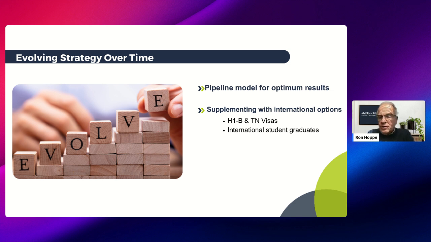These are international students that are graduating from a wide variety of healthcare programs here in the US. And by virtue of having graduated from a US college or university, they have certain work authorization and visa options available to them that often make them attractive candidates.